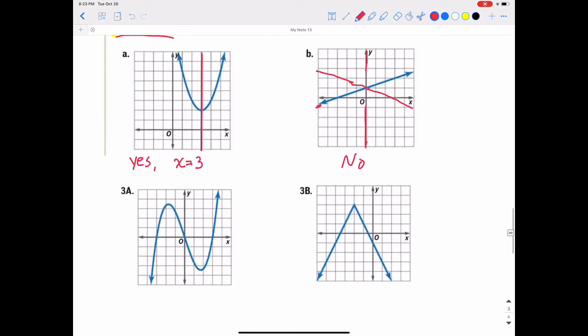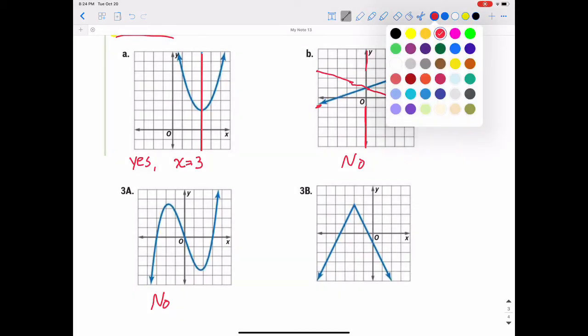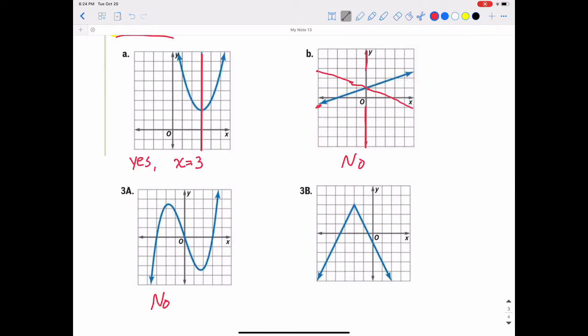3A and 3B ask the same questions. 3A, does it have vertical line symmetry? And that is a no. You cannot fold that across any vertical line and have it fold on top of itself. 3B, does that have vertical line symmetry? Yes, that one does. If we go right through the vertex of the line and draw a straight vertical line through it, it does fold over itself.